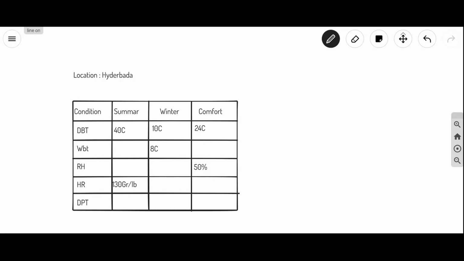There is a thing which you need to do. Yes, sir, this condition is not found. You are not finding it. Who is that? Sir. Sarvagya. DBT is 40 and HR 130, then how can we find it? You can find.